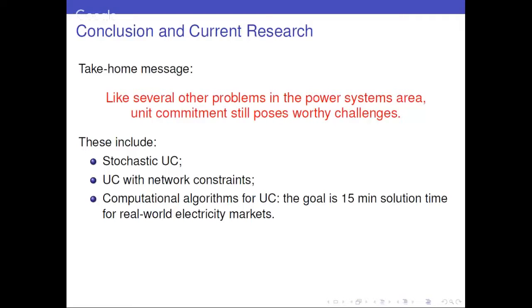There's the whole impact of network effects that would be very interesting to bring into the picture. And ultimately, from a computational aspect, we want to get down to reliable solutions with 15-minute steps to really look at the reality of electricity markets at least in North America.